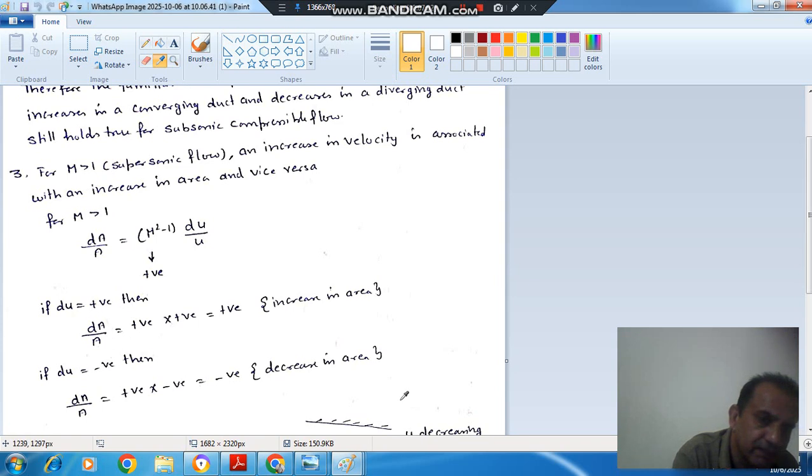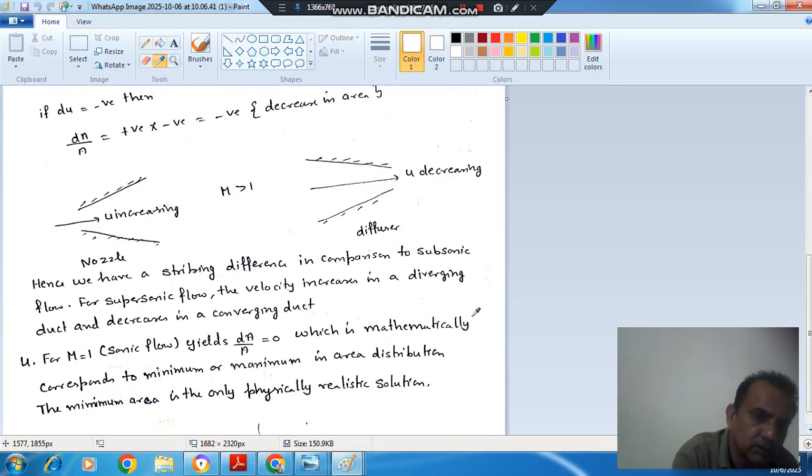If du is negative, then dA will be negative. And these are the ducts corresponding to this condition. Hence we have a striking difference in comparison to subsonic flow. For supersonic flow, velocity increases in a diverging duct and decreases in a converging duct. So the reverse situation occurs when the flow changes from subsonic to supersonic.